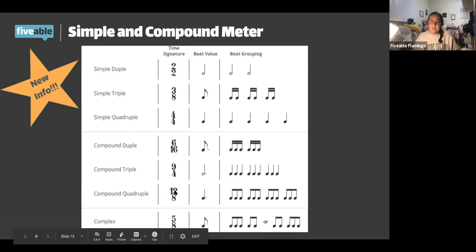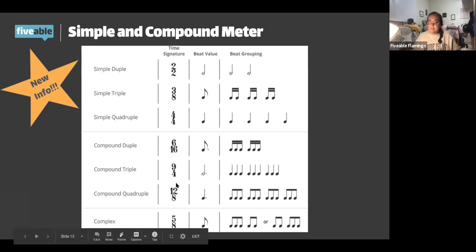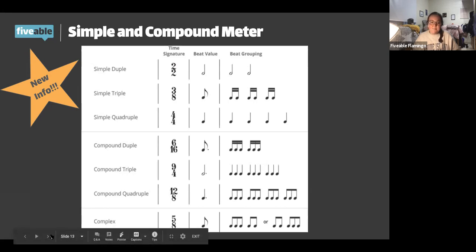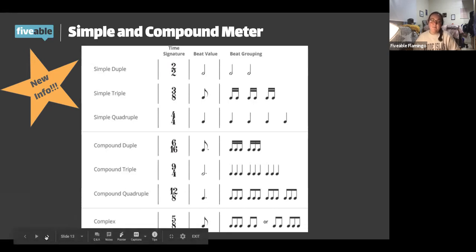So really, if the top number is divisible by 3, then it's probably compound. Those are good to know, and you'll definitely need to know that for your tests, which is why I wanted to make sure I put it out there, because that is a beginning fundamental.